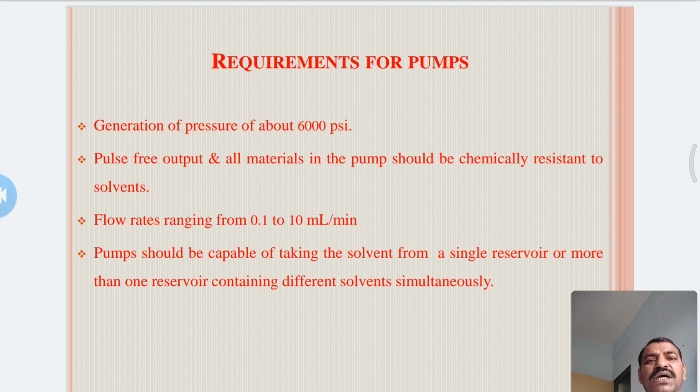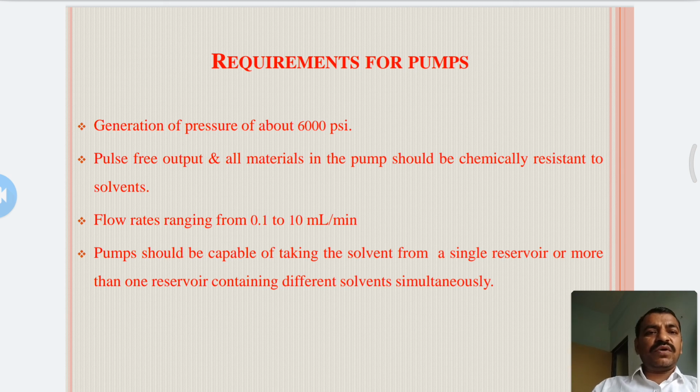Another requirement is a flow rate range from 0.1 to 10 milliliters per minute, with continuous flow. The pump should also be capable of taking solvents from a single reservoir or more than one reservoir containing different solvents simultaneously.